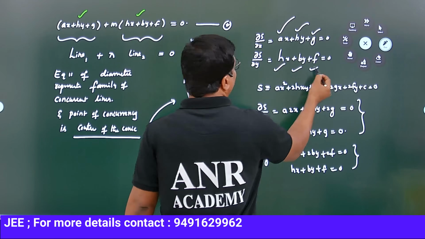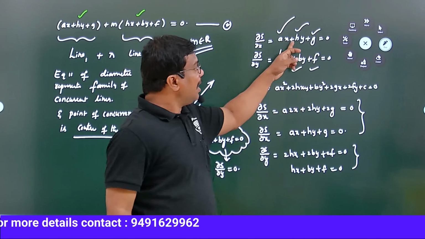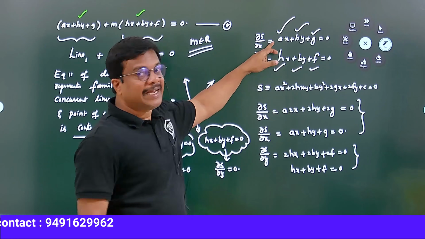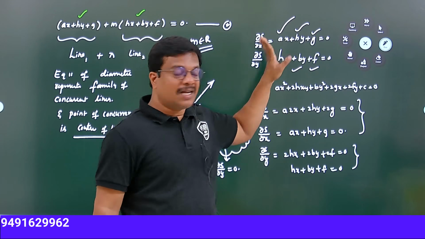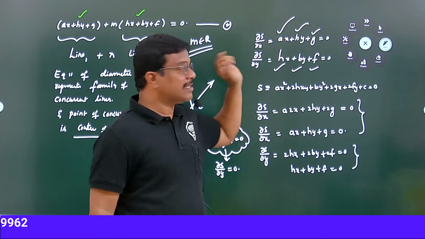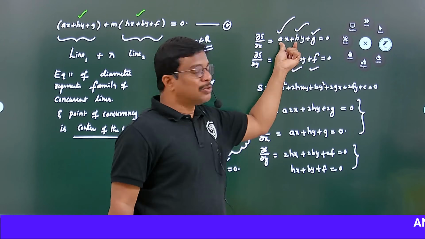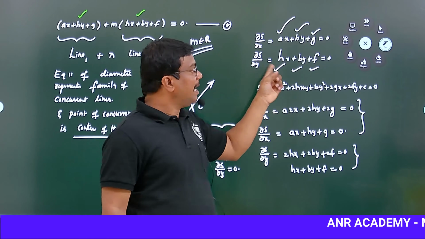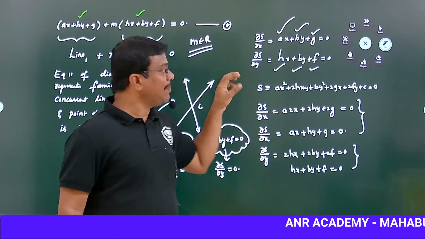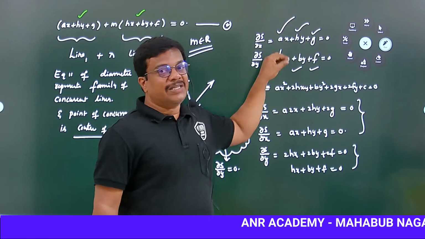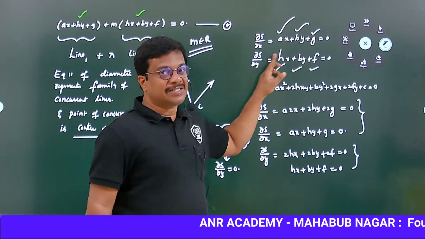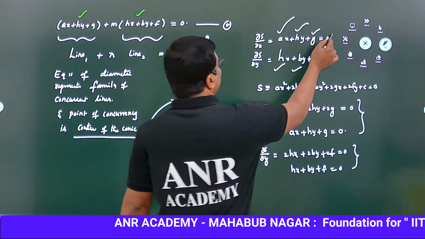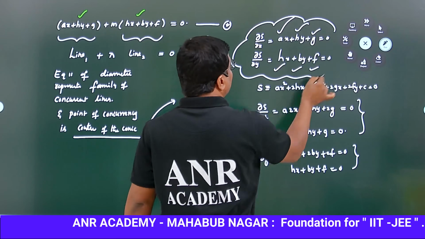Here it looks like all hostel girls, hostel boys, friends. A indicates all, H indicates hostel, G indicates girls, all hostel girls. First two terms multiply x and y. Next here HBF, you can simply remember hostel boys, friends. H indicates hostel, B indicates boys, F indicates friends. So in this way you can easily remember the results also.